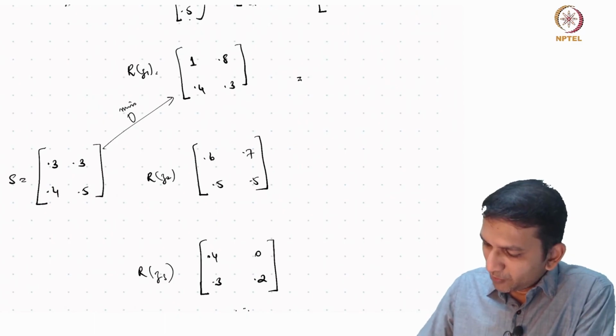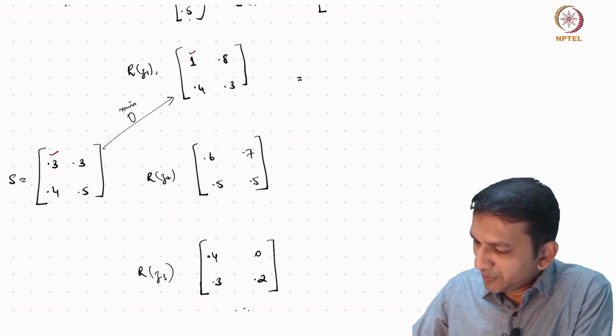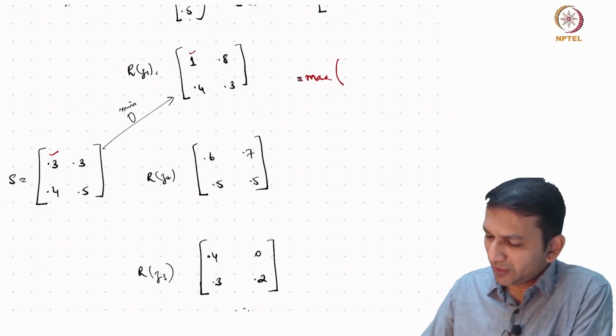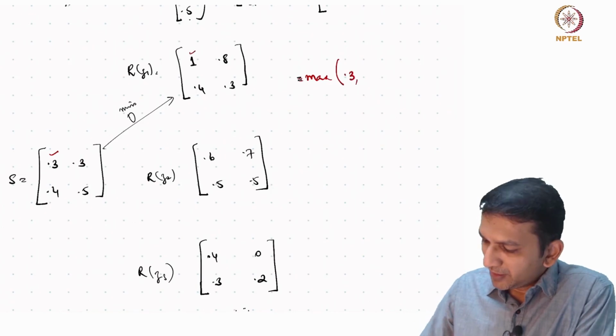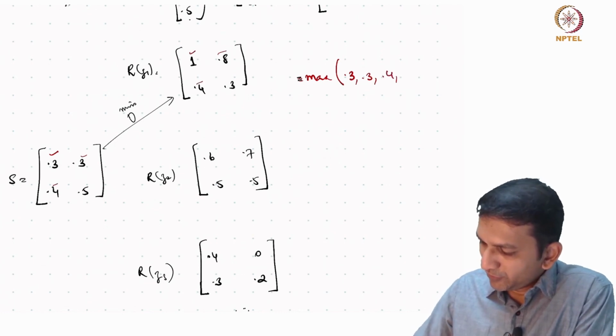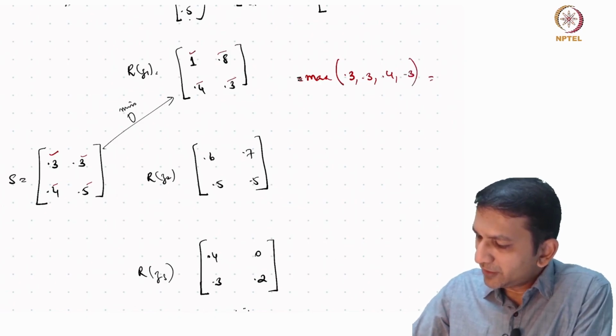So we start with 0.3, 0.3, 0.3 and 1. We take the maximum of the minimum between the component-based elements. Minimum of 0.3, 1 is 0.3. Minimum of 0.3 and 0.8 is 0.3. Minimum of 0.4, 0.4 is 0.4. 0.5, 0.3 is 0.3. And the maximum of them is actually 0.4.